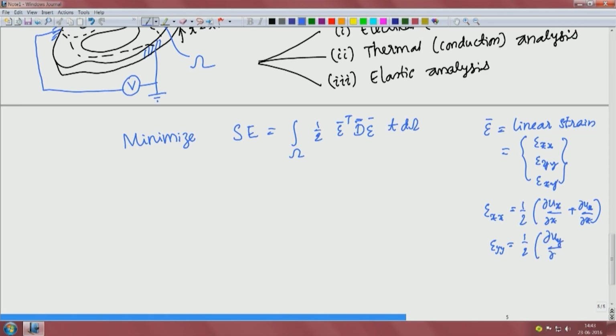Epsilon yy is dou uy by dou y, and for epsilon xy you will understand why I am writing like this: it will be half of dou ux by dou y plus dou uy by dou x, reversed. So, what are ux and uy?